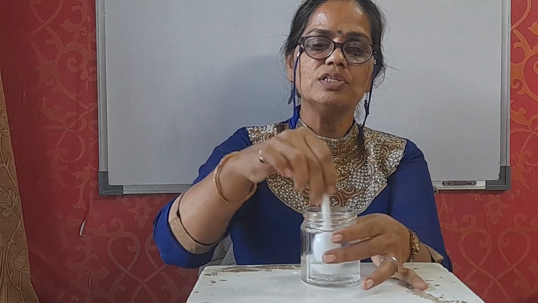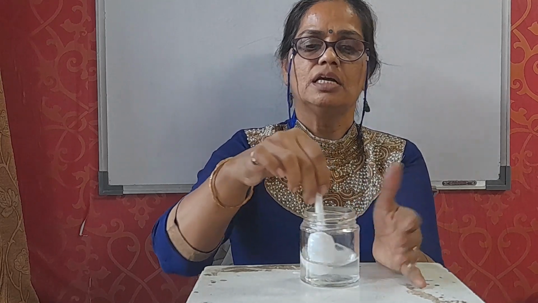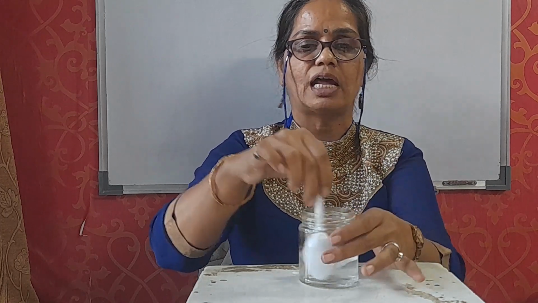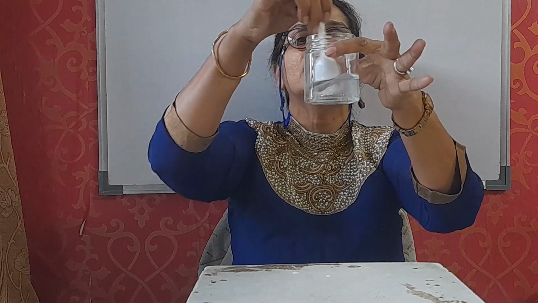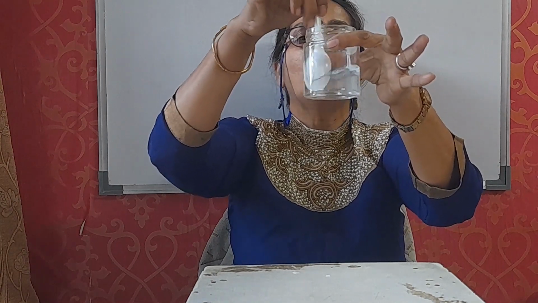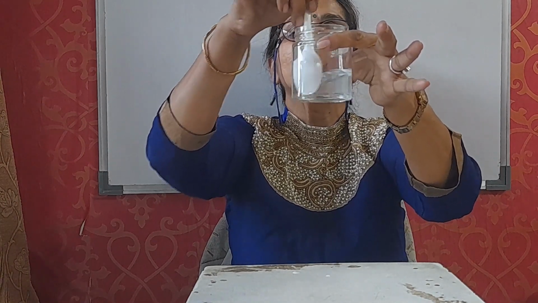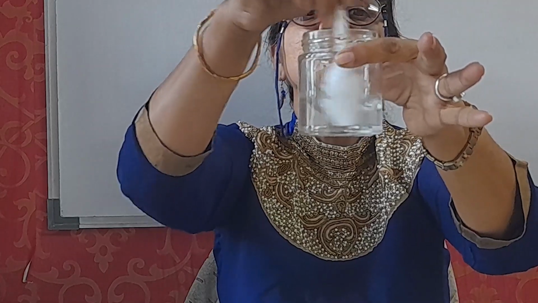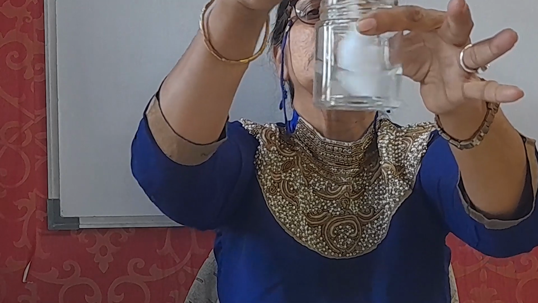Now when I continuously stir it, the salt will dissolve completely in water after some time. That means you will not see the particles of salt. You can see the clear solution of salt. This is called salt solution. Now see, clear.